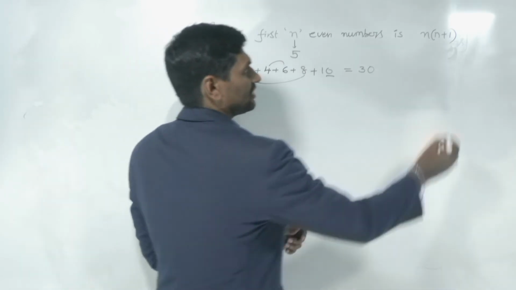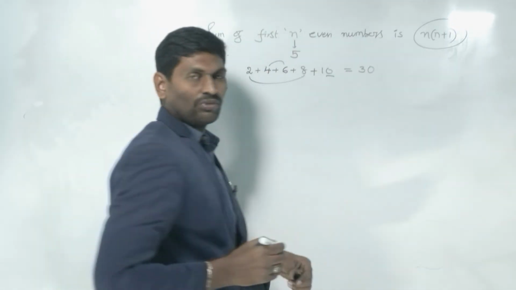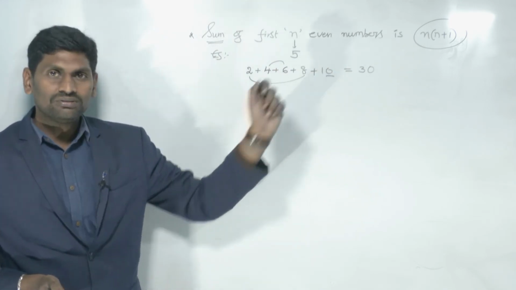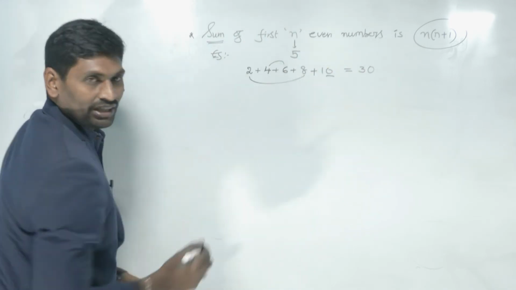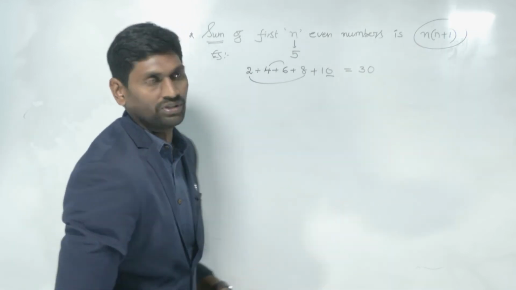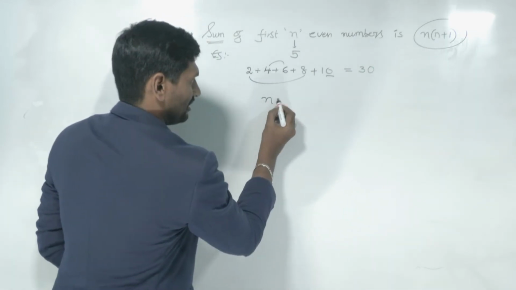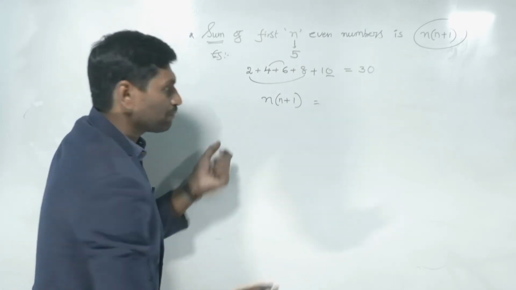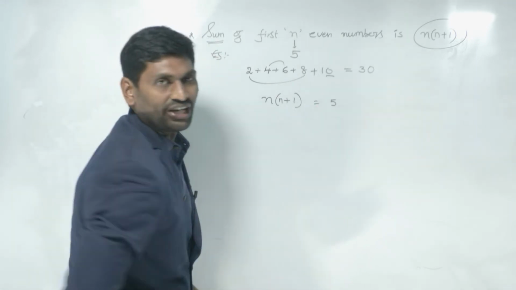For that, we use the formula n into n plus 1. The same 5 numbers I am doing by using the formula. In the place of n, what do we have to write? Very good, 5.